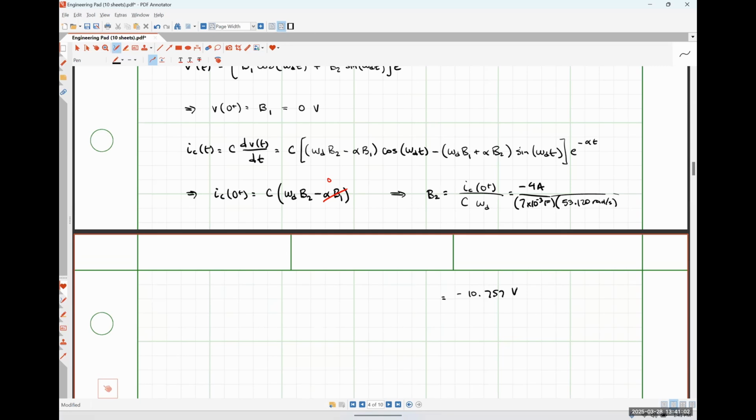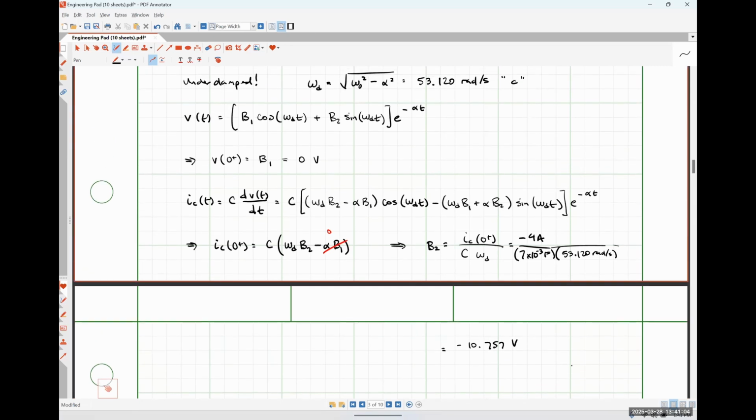volts. And now what I can do is literally just plug in my values for B1 and B2 into my response equation.